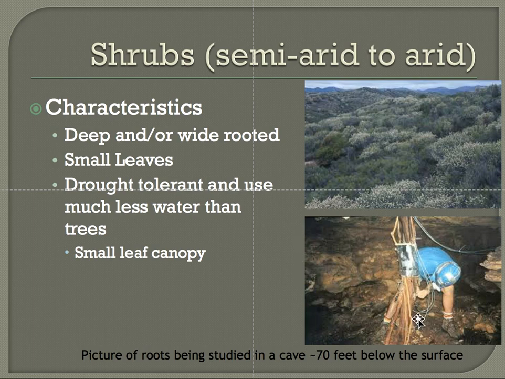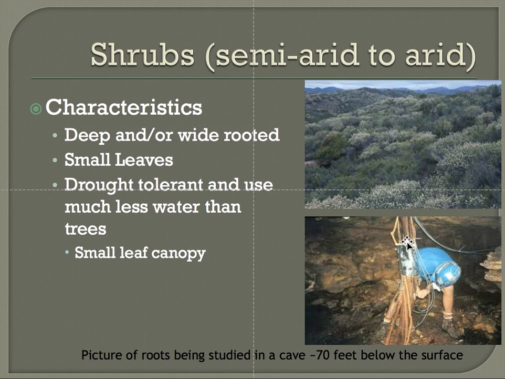Here's a little bit of a visual to help you remember that shrubs are known for these deep or wide roots. This is an ecophysiologist from the University of New Mexico, and they're studying these roots. Here you can see in the picture there's this group of roots coming through, and they're measuring the rate that water is moving through these roots. This is a group of shrub roots found in caves about 70 feet below the surface.